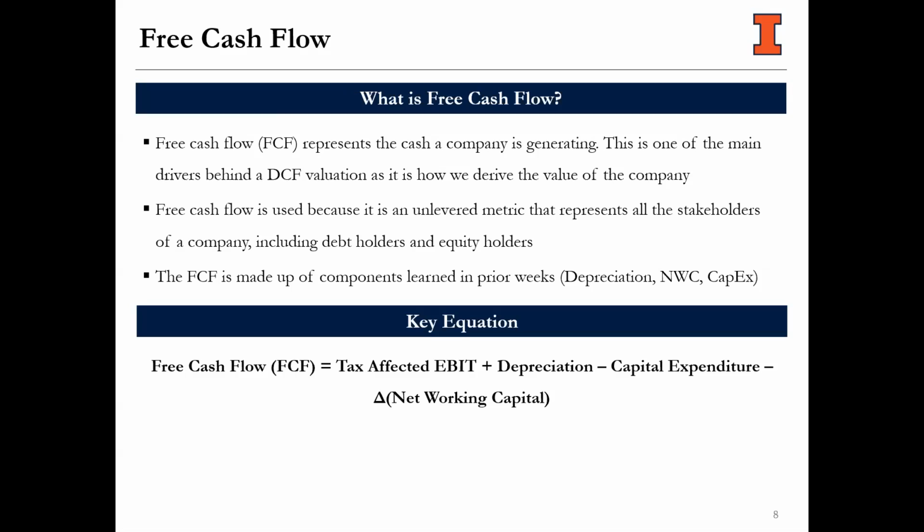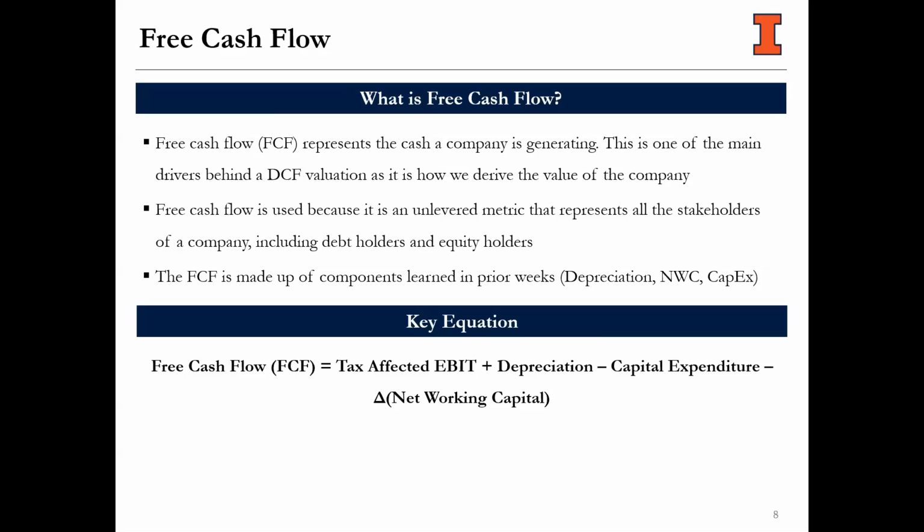The last thing that's really important is that free cash flow is made up of a lot of important components that we learned about in weeks prior, right? So we have capital expenditures, net working capital, and depreciation. If you remember back to week 2's exercise, depreciation, net working capital, and CapEx have impacts on cash that aren't always represented fairly in the income statement.